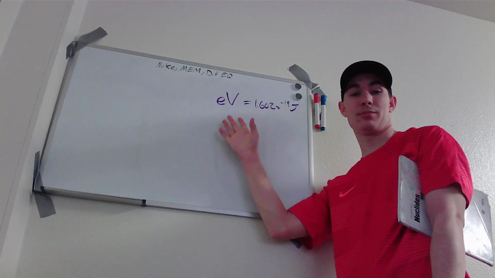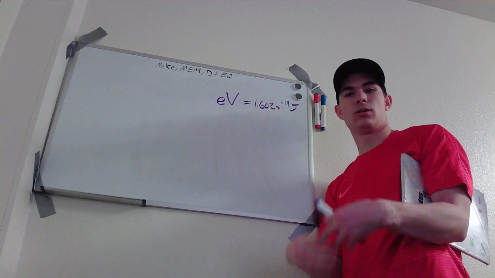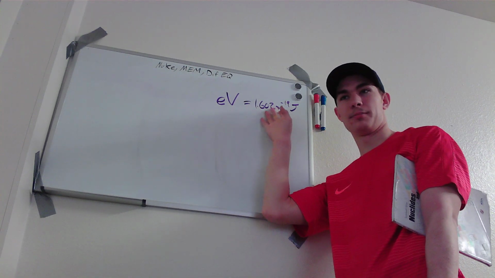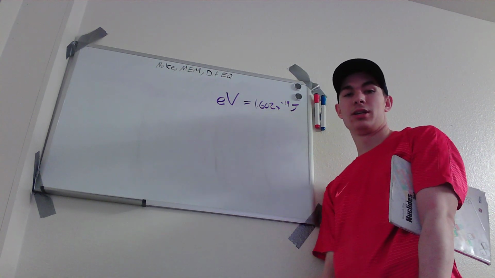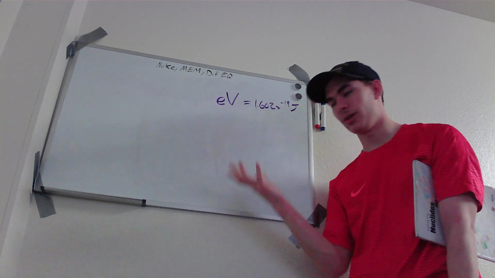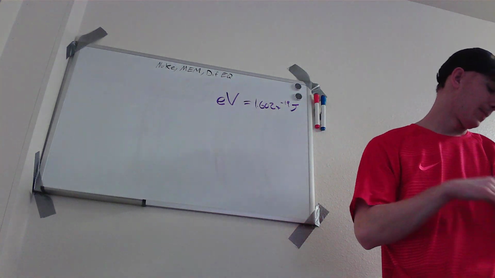But we deal with atoms, and so we deal with electron volts because it's easier than dealing with big power numbers that are really small or really big.